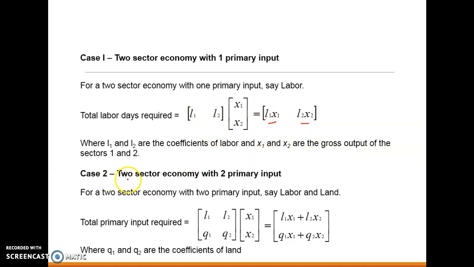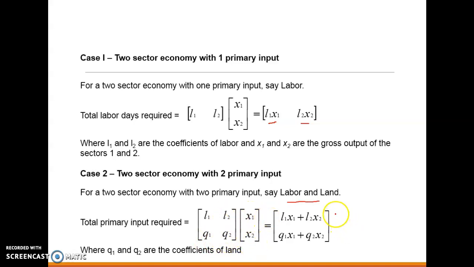Next case, when there are two sector economies with two primary inputs, say labor and land. In that case, your first matrix will be L1, L2, which are the coefficients for labor, and Q1, Q2, which are the coefficients for land. The gross output is X1 and X2 only.